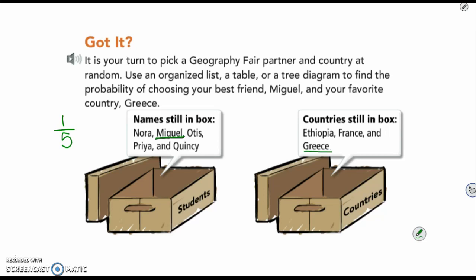Greece is listed once for our set of countries, so the probability of selecting Greece is 1 out of 3. Just like with counting outcomes, we can find the probability of these theoretical events by multiplying their probabilities together. 1/5 times 1/3 is 1/15. So the probability of you selecting your best friend Miguel in your favorite country of Greece is 1/15.